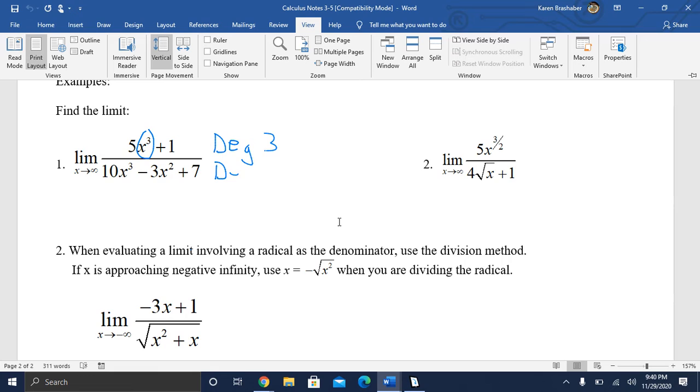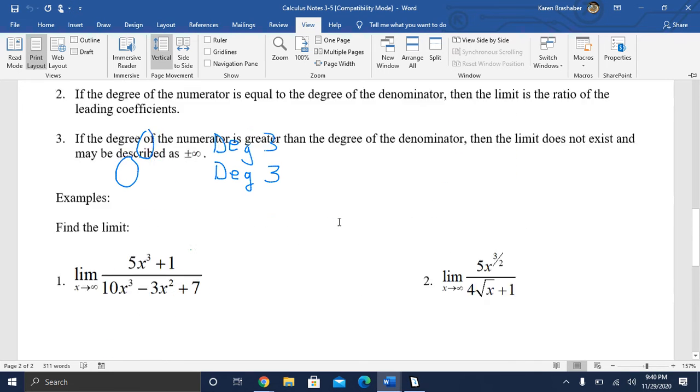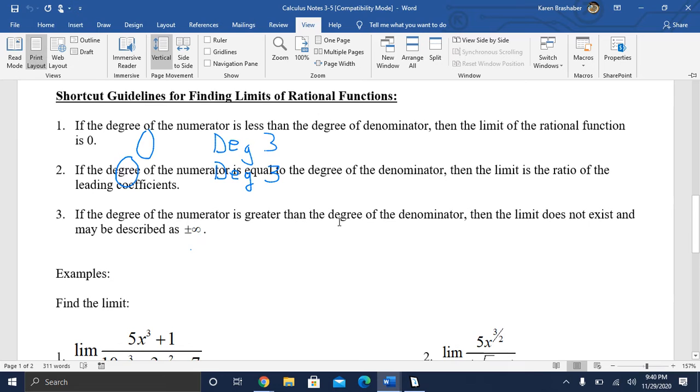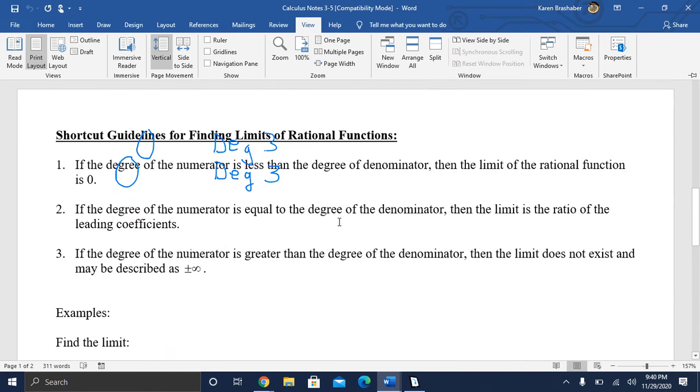In the denominator, the highest power, we have x to the third again, so also a degree 3. So if we take a look, when the degrees are equal, so the numerator degree is equal to that of the denominator, then the limit is the ratio of the leading coefficients.